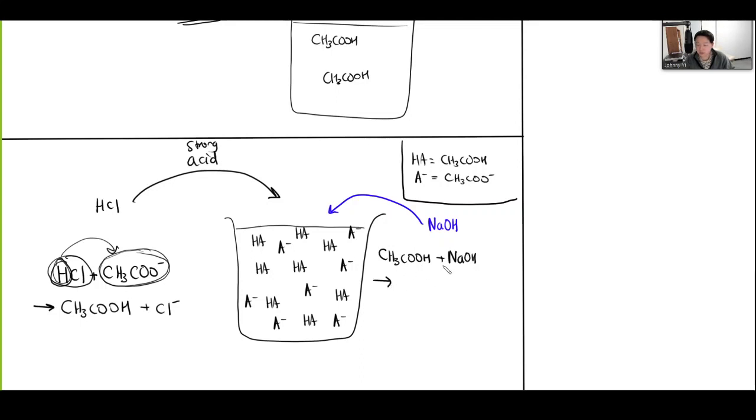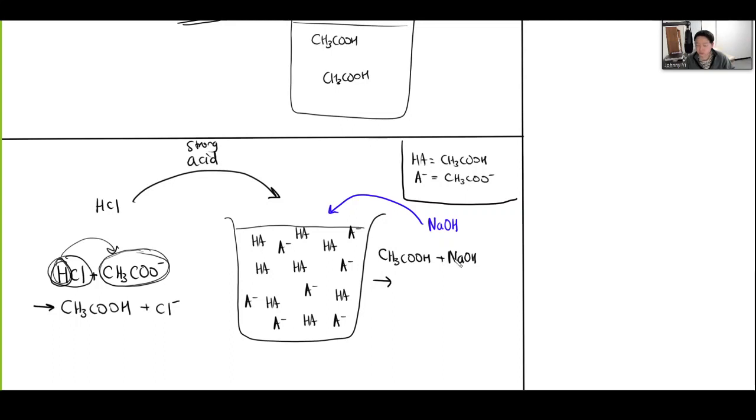This is an acid versus base reaction, and we talked about this last time. Even though this is a weak acid and that's a strong base, it's still a 1-to-1 reaction. Just because this is weak doesn't mean you need more than one to react with this one. You don't need three weak acids to cancel one strong base.